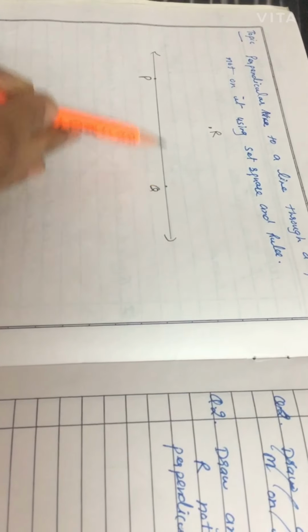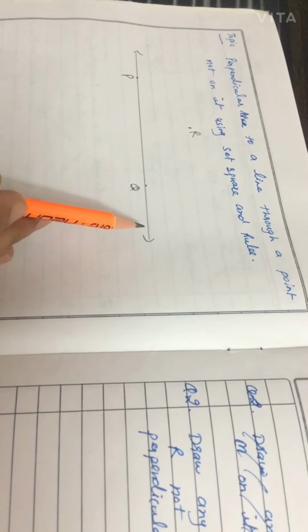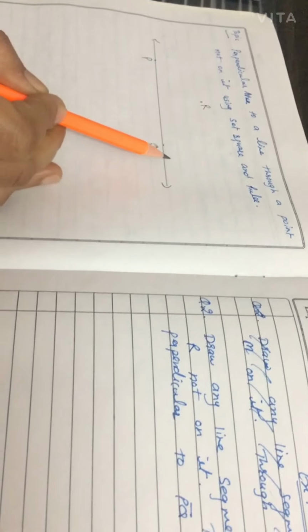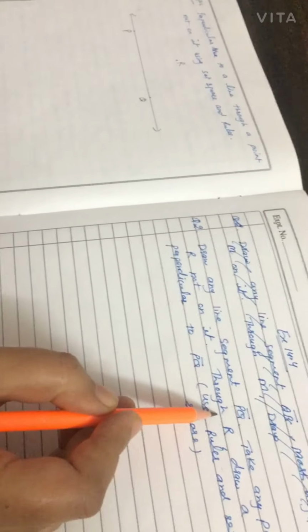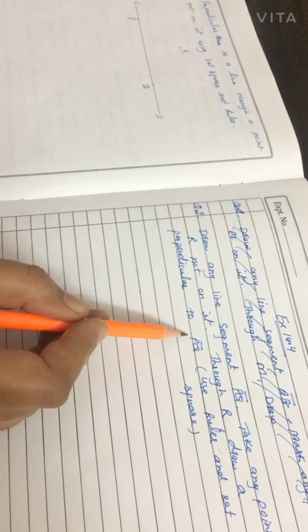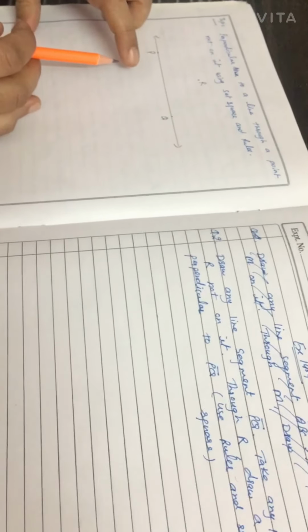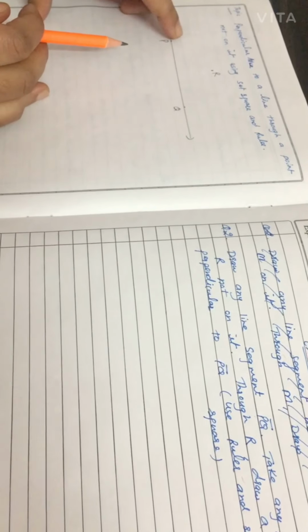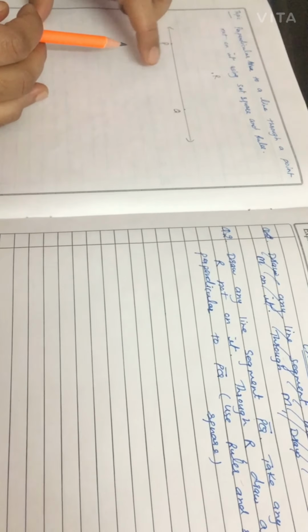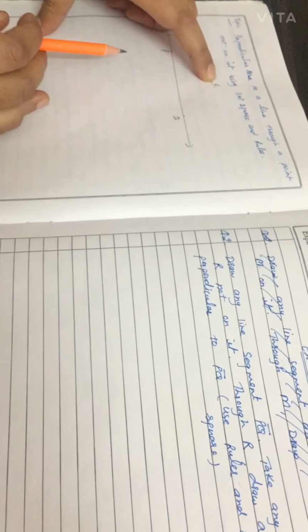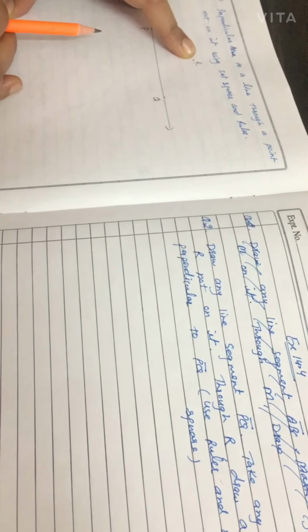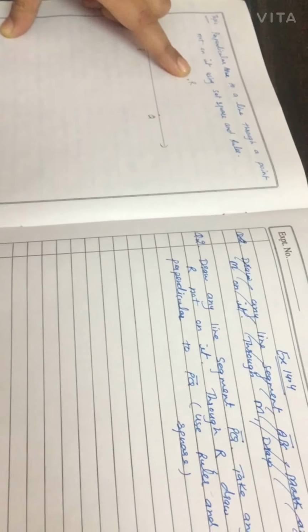This is a line segment, and the complete one is a line. Now we have taken a point R which is not on the line. It is outside of the line. Through R, draw a perpendicular to PQ. So the same concept: we will draw a perpendicular on this line PQ which passes through the point R, which lies outside of this line, using ruler and set square.